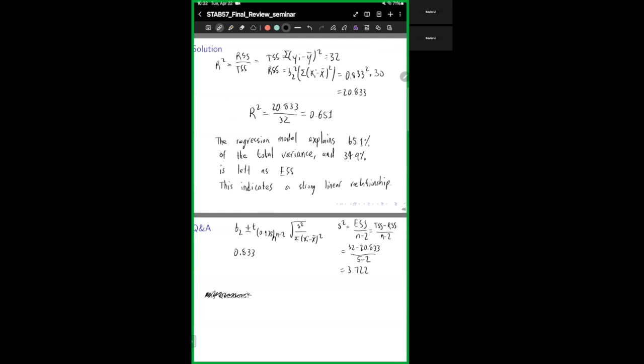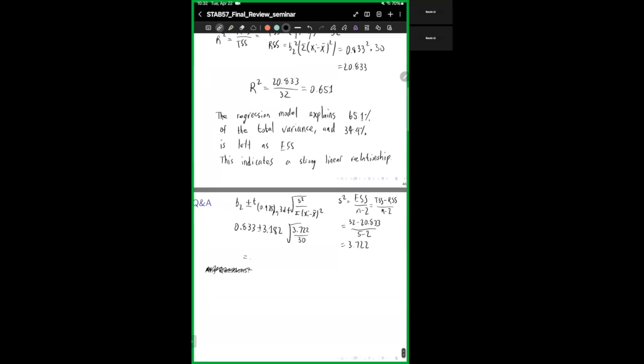This is our estimate of B2 plus or minus the T value, which is 3.182 with 3 degrees of freedom, times the square root of 3.722 over 30.